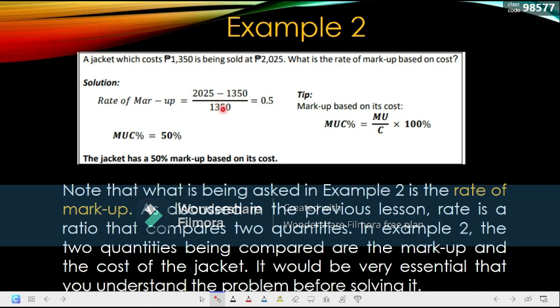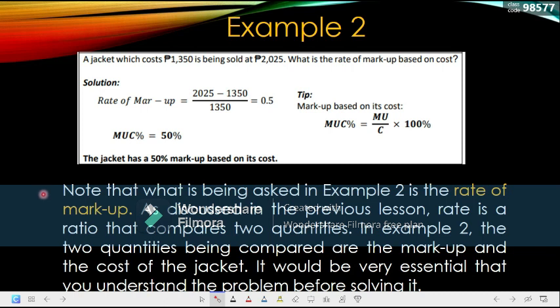Since 1,350 is our cost price, that's 2,025 minus 1,350 over 1,350. And the answer is 0.5. Multiply that by 100%, we have the answer, 50%. So the jacket has a 50% markup based on its cost.